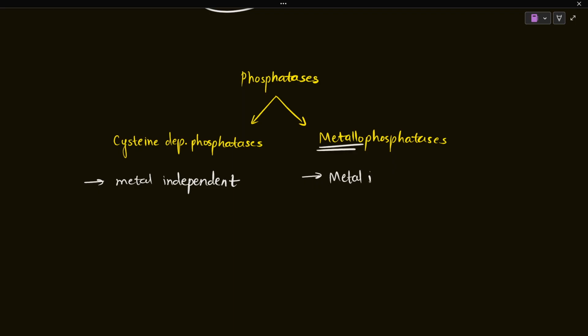They require metal ions for their functioning. The cysteine dependent phosphatases are tyrosine phosphatases. They are rare, but they are very important, in the context of tyrosine. Well, the metallophosphatases are mostly serine threonine specific phosphatases.